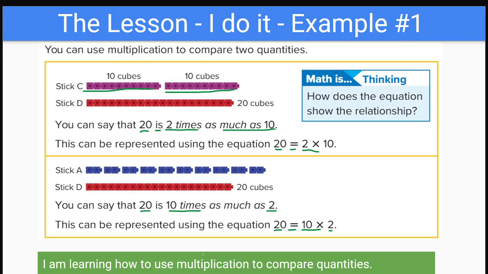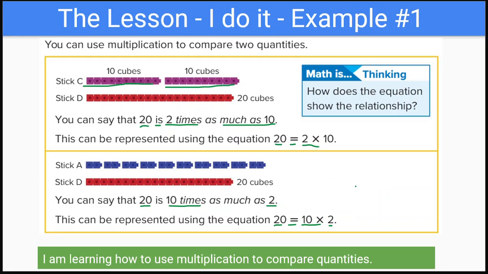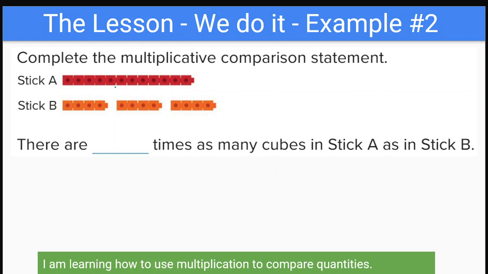Kids, right now you're learning how to use multiplication to compare quantities. All right, let's take a look at another one right here. It says this, complete the multiplicative comparison statement. Well, stick A is right here, and stick B is down here. Now in each one of these stick B's, they have 4. So there's 4 once, 4 twice, 4 3 times.